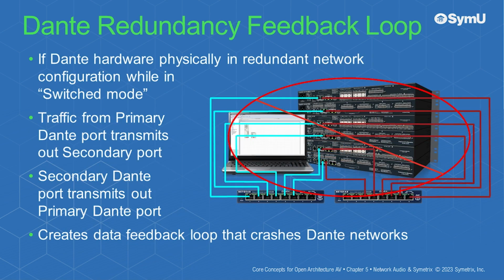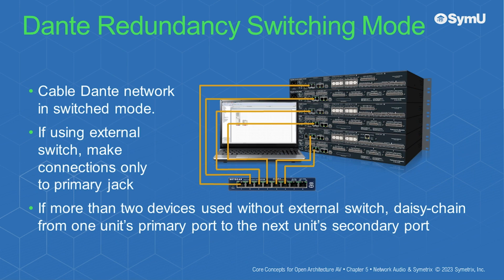If the Dante hardware is physically cabled in a redundant network configuration while in switched mode, traffic from the primary Dante port transmits out the secondary Dante port while the secondary Dante port transmits out the primary Dante port. This creates a data feedback loop on the Dante network that will crash the Dante networks. To change from switched mode to redundant mode, first cable the Dante network in switched mode.